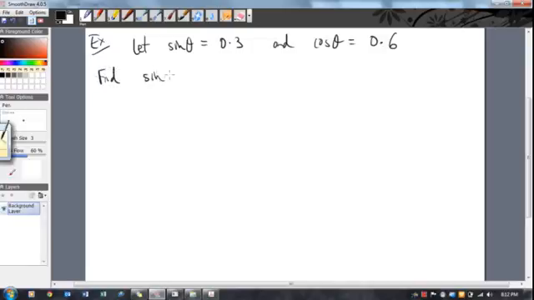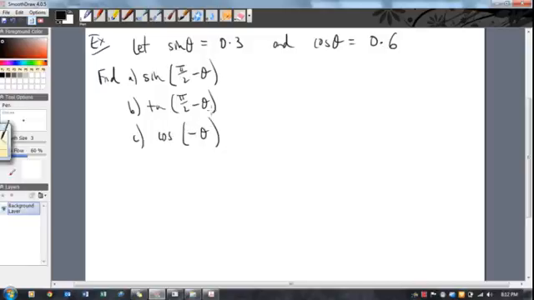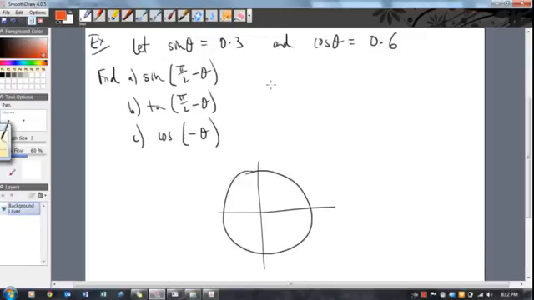A, find sine of pi on 2 minus theta. B, find tan of pi on 2 minus theta. And one other one, cos of negative theta. I'll draw up my unit circle down here so I can refer to it all the time.